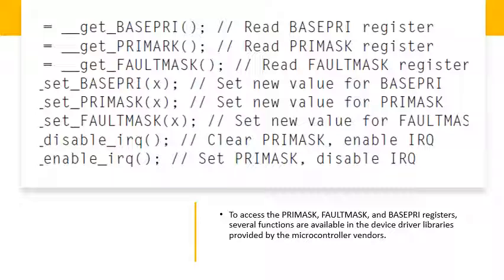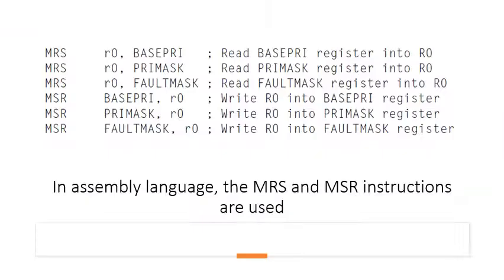The instructions used to perform the read and write operations in C language are get and set, followed by the register name. Similarly, in assembly language, you use MRS for the read operation and MSR for the write operation.